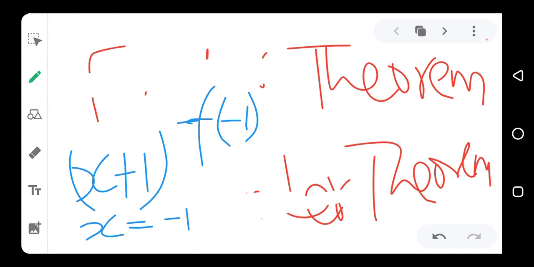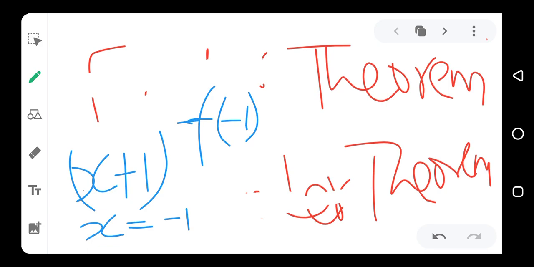While remainder theorem is talking about the values or the terms that remain after we've divided a polynomial with another term. When we divide a polynomial with any term or with any value, whatever remains after the division is a remainder.